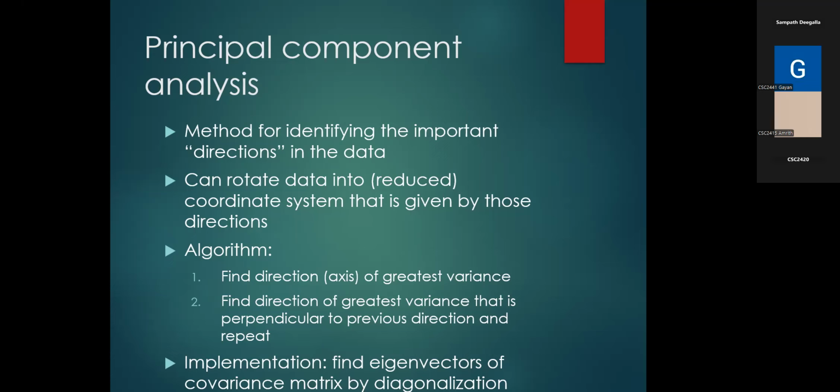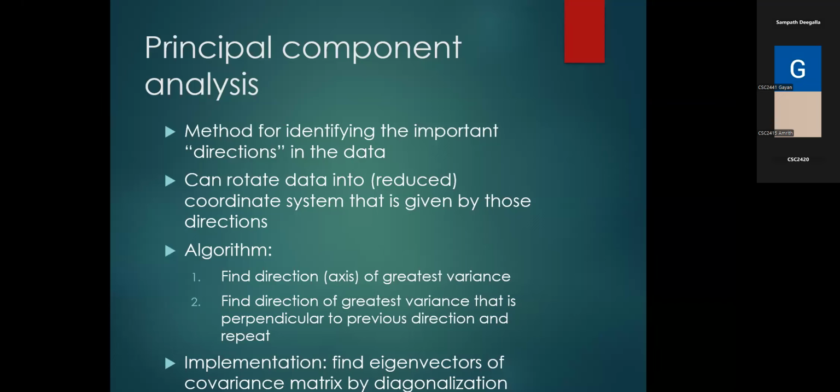If you look at the basic representation of the algorithm, you look for the greatest variance, and that will be selected as the first principal component. Next, you find a direction perpendicular to the previous direction, and you repeat the process.